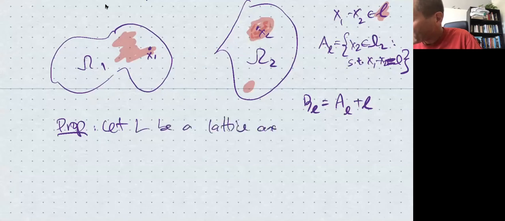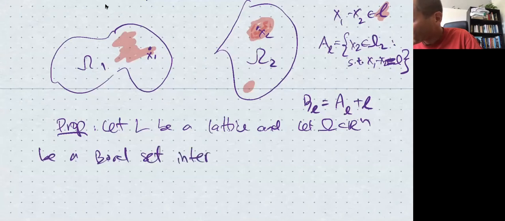And let omega be a Borel set intersecting every equivalence class at most once.